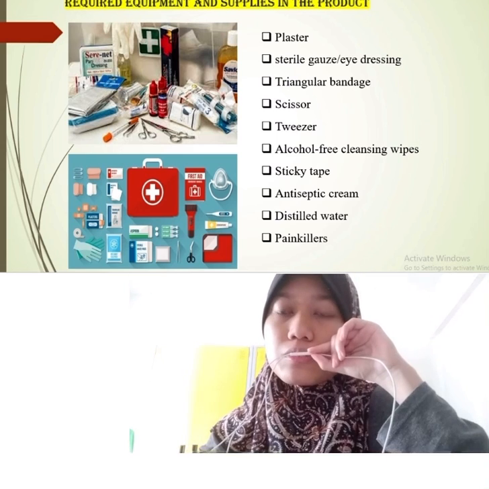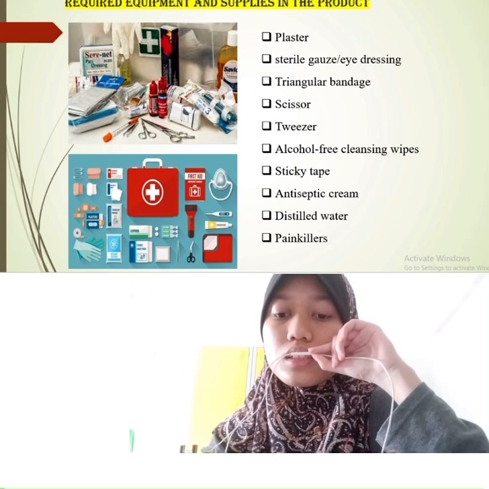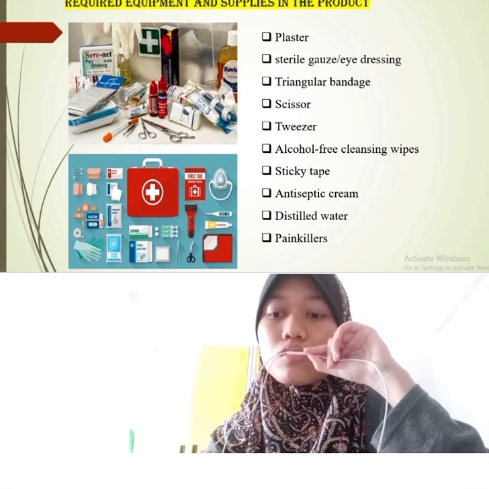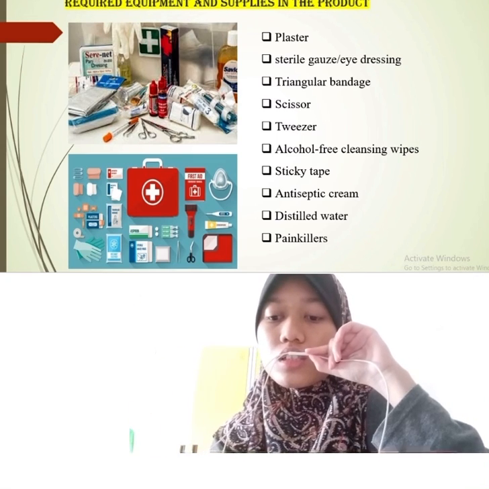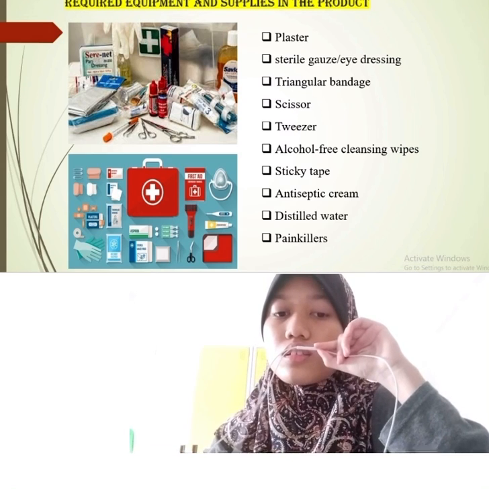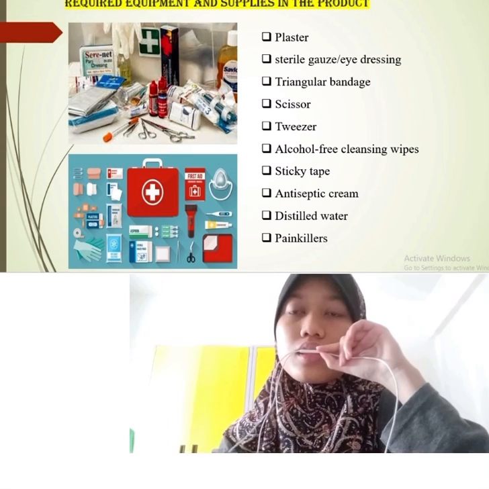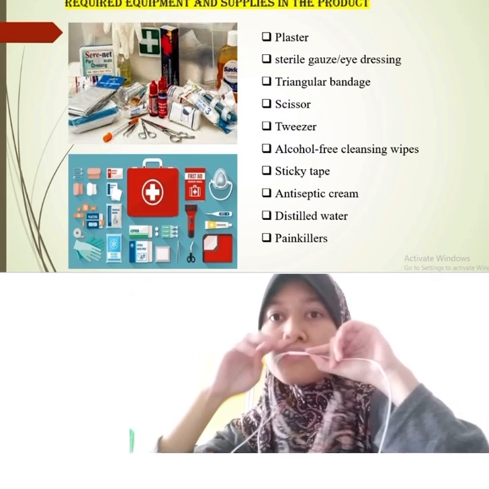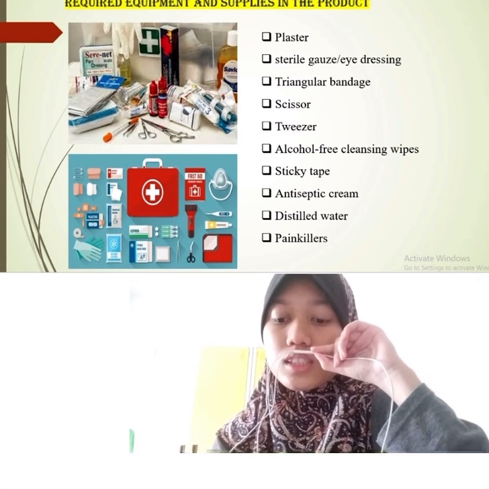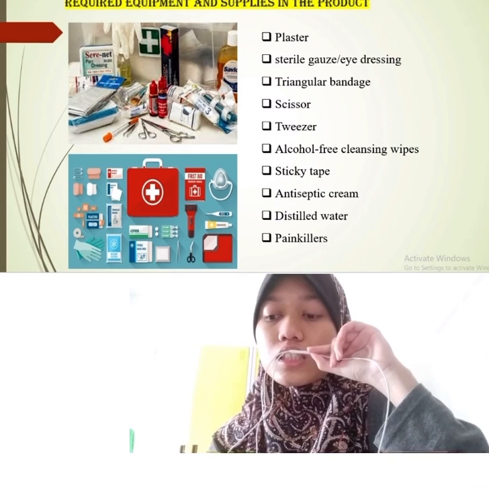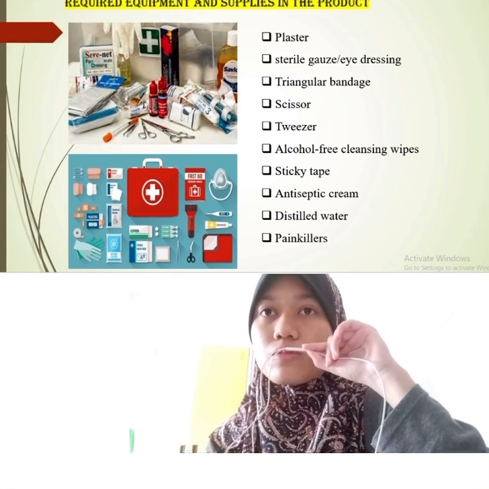Then we have sticky tape. Sticky tape is used to hold bandage onto wounds. This sticky tape is rolled up with a cylinder cover of plastic to give the shape of a circle. For the alcohol cleansing wipes and antiseptic cream, they have the same function, which is to prevent infection and protect the wounds from any bacteria.